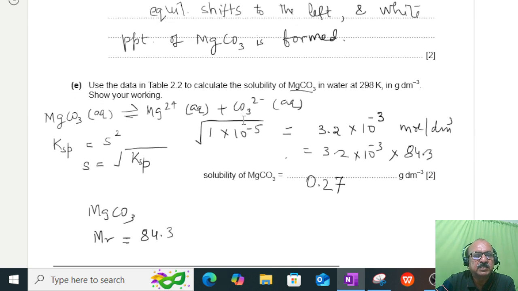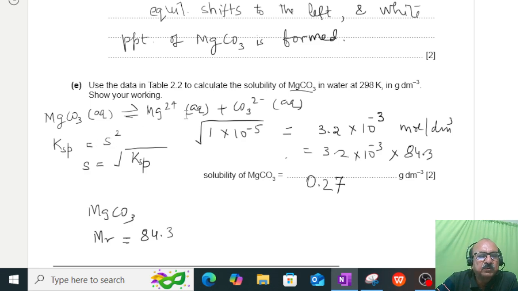So that's the answer. To find the solubility, once a solubility product has been given, use the relationship KSP is equal to S squared, that is the concentration of magnesium times the concentration of carbonate, which can be considered as S times S, which is S squared, where S is the solubility. So the solubility is the root of KSP.